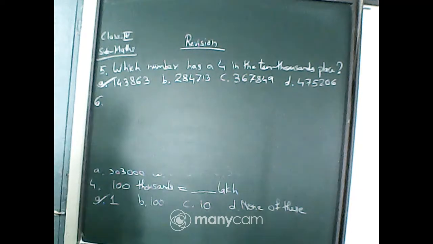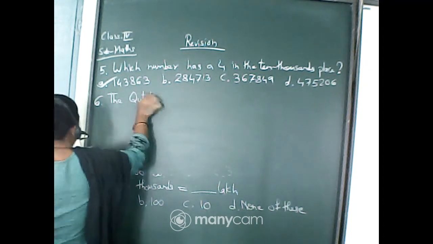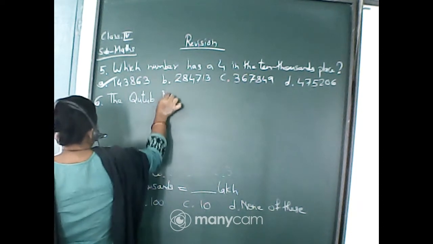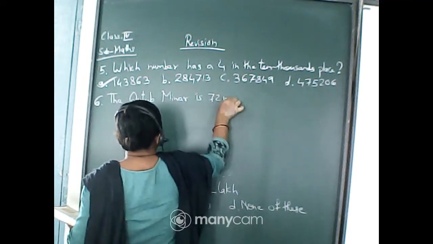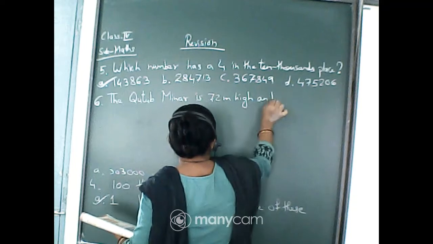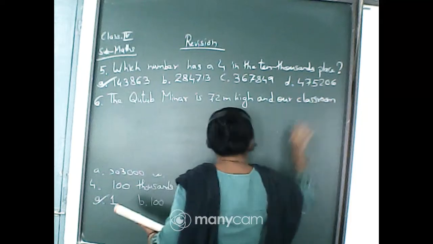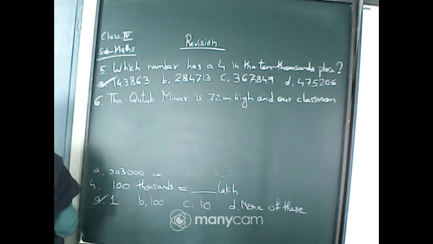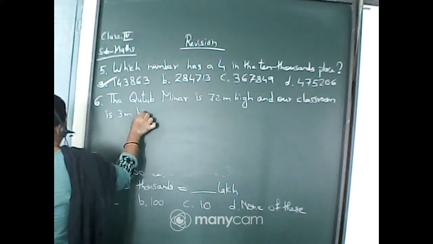Now write the sixth question. Question number 6. The Qutub Minar is 72 meters high and our classroom is 3 meters high.